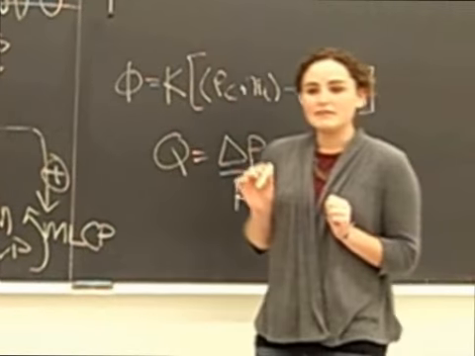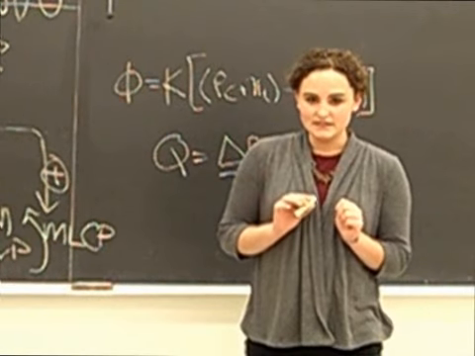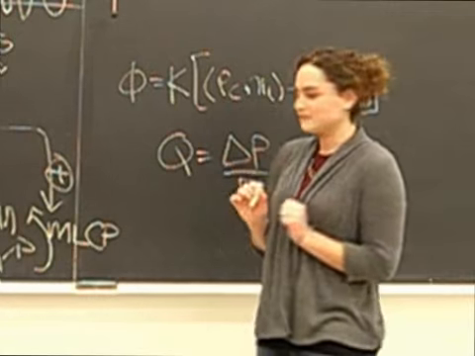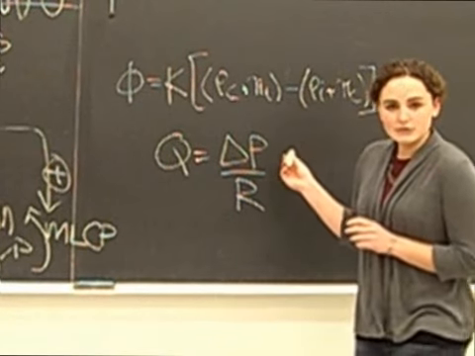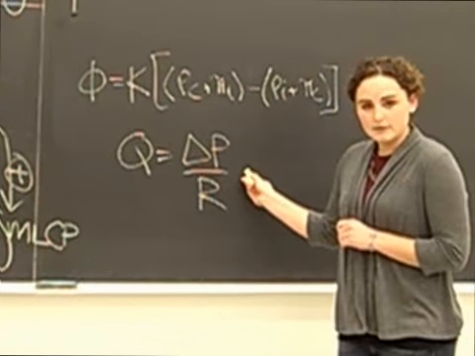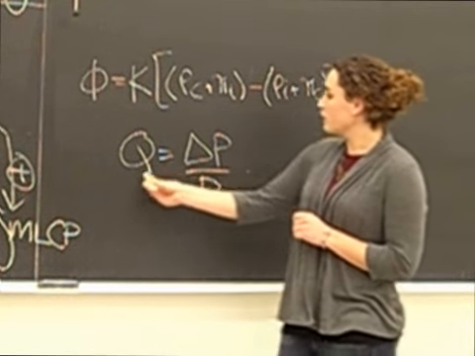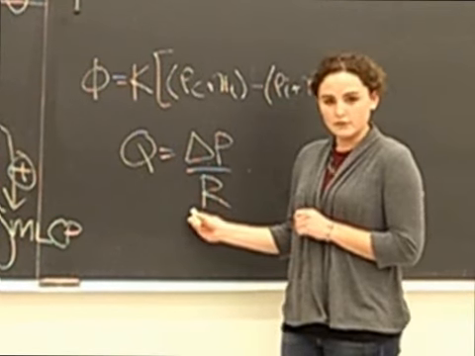Today we're going to be talking about a very important topic in the field of physiology, and that's fluid balance. We're going to be using two equations today. One you should remember from physics is Ohm's law, where the flow rate equals the change in pressure over the radius.